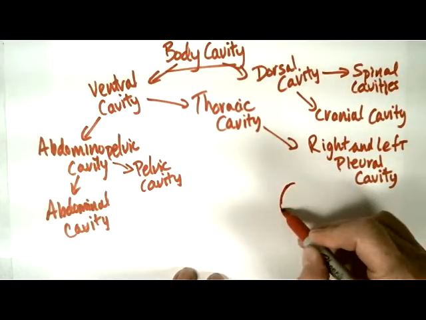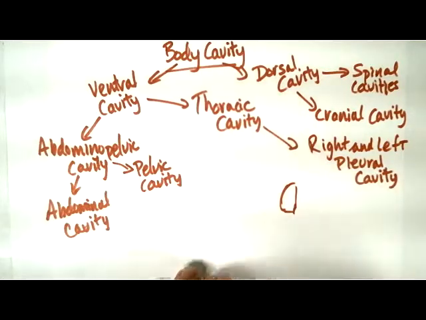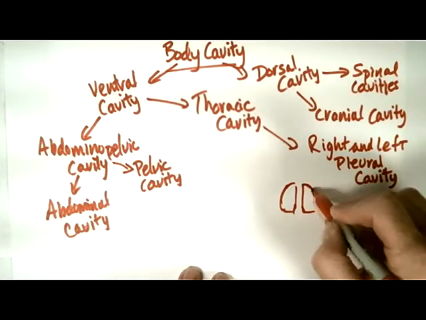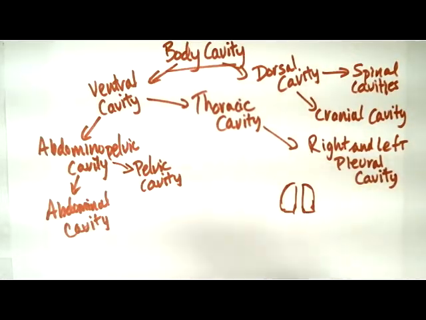So if this right here was in your view, it would be the left pleural cavity, but on the actual organism, it's going to be the right pleural cavity because you're facing this person. And then you'll have your other pleural cavity here, which would be the left. And so we have this middle area here, the mediastinum, that has the trachea in it, the bronchioles in it, has the heart in it.